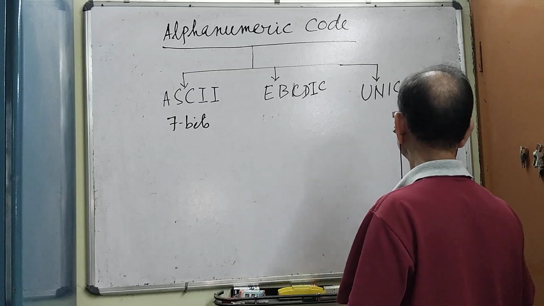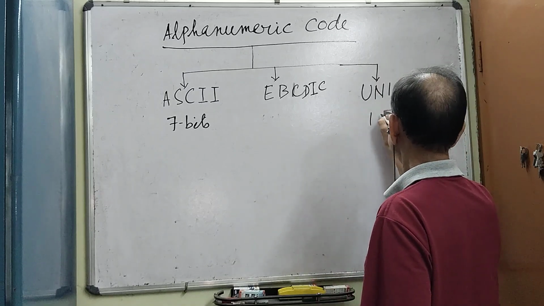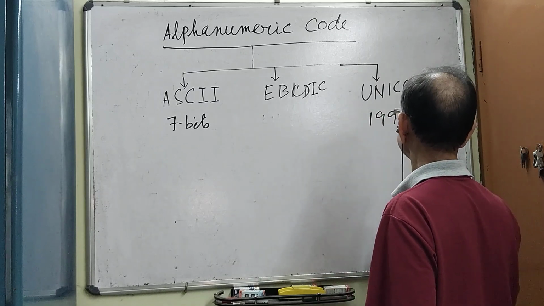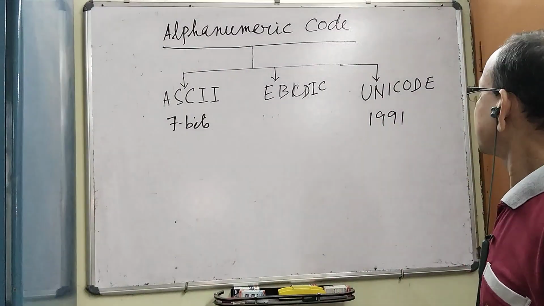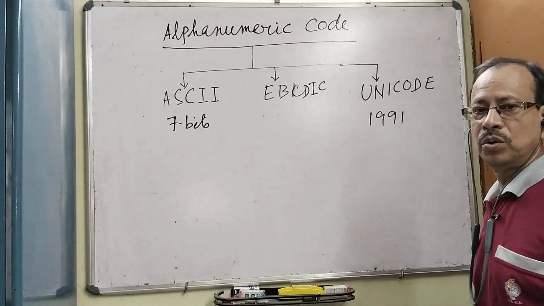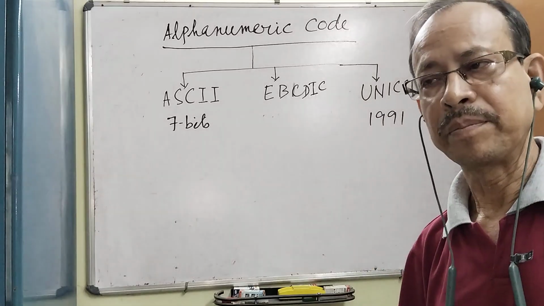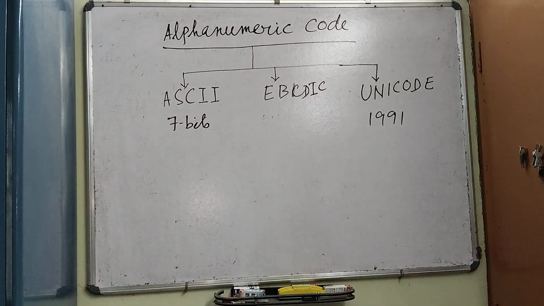Developed in 1991 by the International Unicode Consortium. They developed. So, what is Unicode?